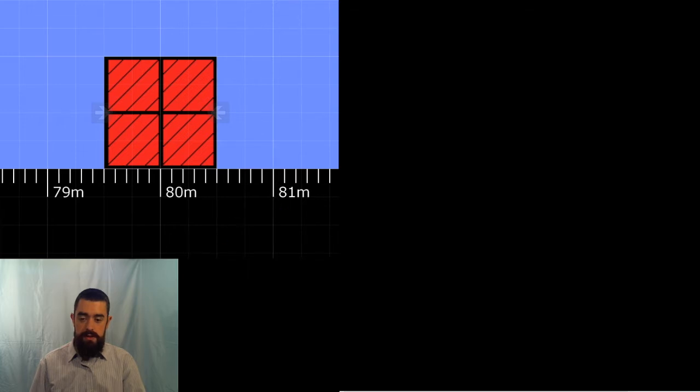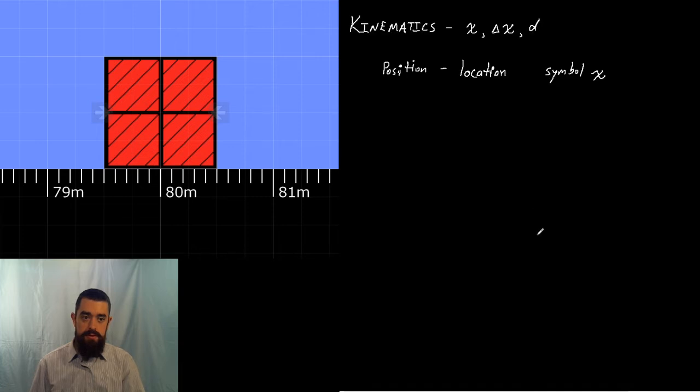All right. So position is a location. It can be X, it can be Y, it can be Z. How do we measure position? We use the SI units, so it would be meters.